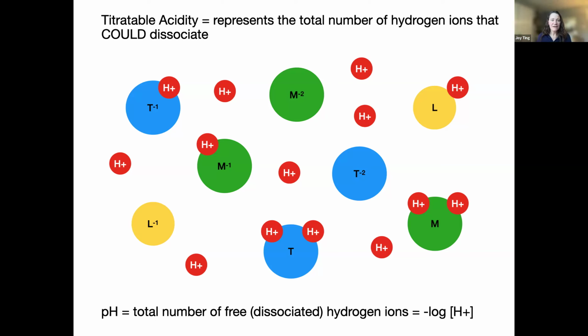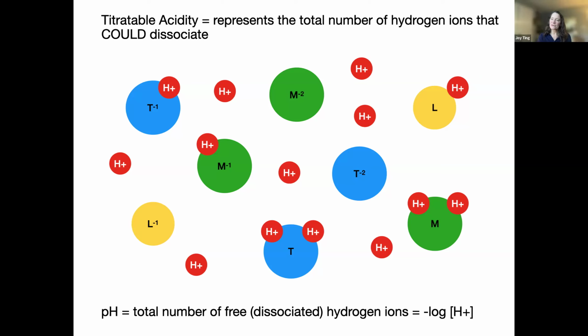So if we think about our pH and our TA that way, and compare our tartaric and malic acids, both are diprotic acids. So they probably have a similar impact on the titratable acidity of the wine, because both of them have 2 hydrogen ions that could contribute if they were all stripped out.